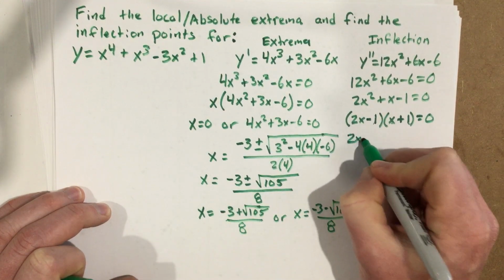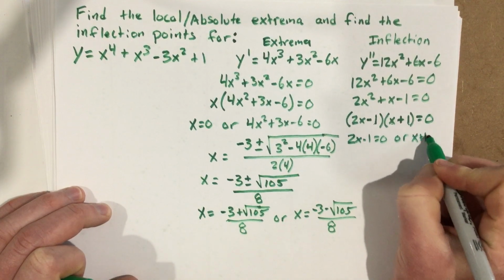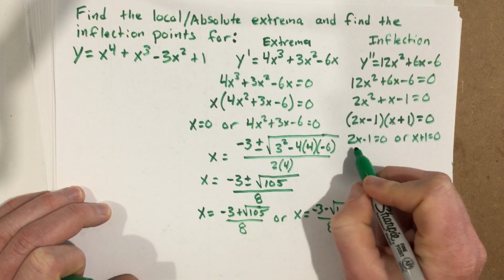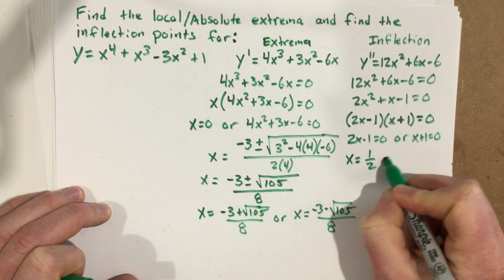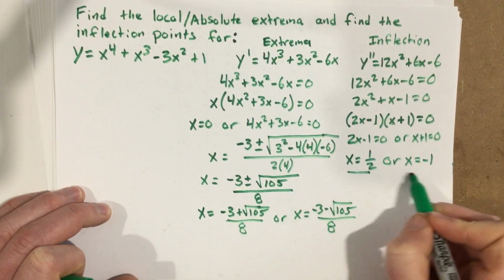So that means 2x minus 1 equals 0, or x plus 1 equals 0. So if I add the 1 and divide by 2, I get x equals 1/2, or x equals -1. So these are possible inflections.